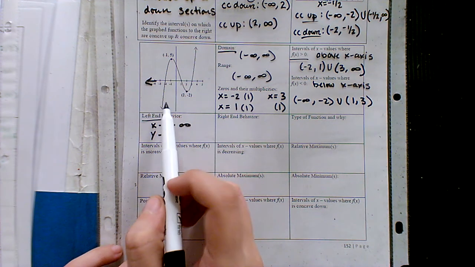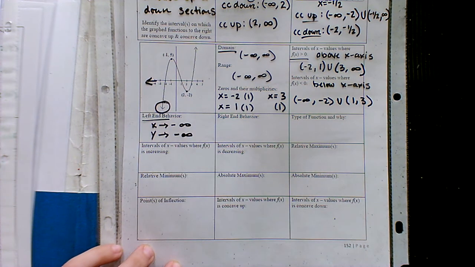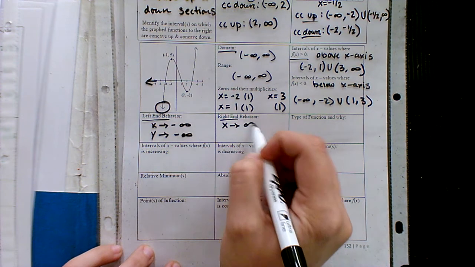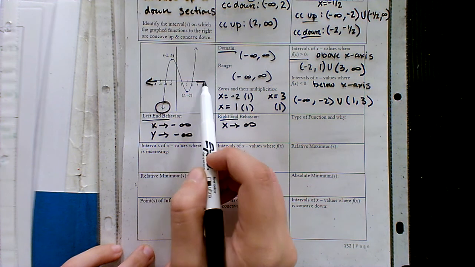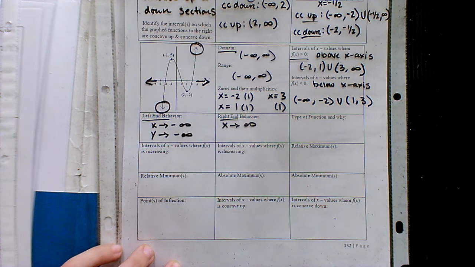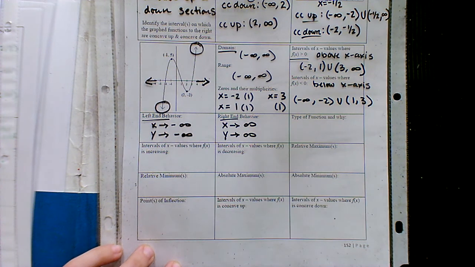They're going down, okay, so -infinity. If we look at the right-hand side, that means the x's are getting very, very large. So as the graph goes to the right, notice how it will also go up. So the y values are getting larger, okay, positive infinity.